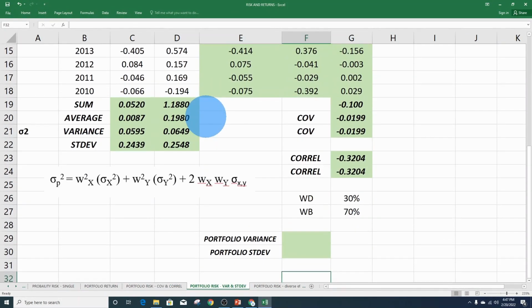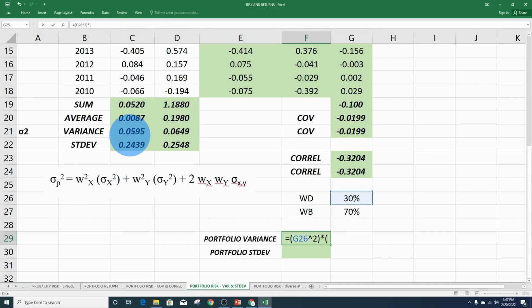So if we go to our Excel, we can do this. We have all those values present here, you can see, so we can do it in our Excel. So for variance, we say equal, wx square, that is this value, we say square. Let me put bracket, this raised to power 2, bracket close, times the variance.